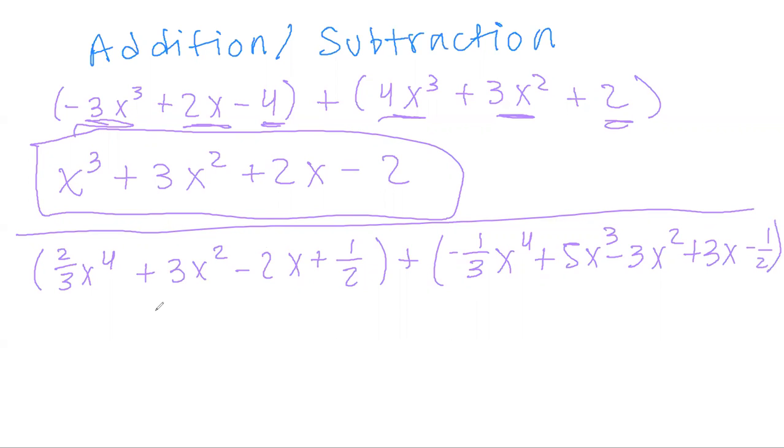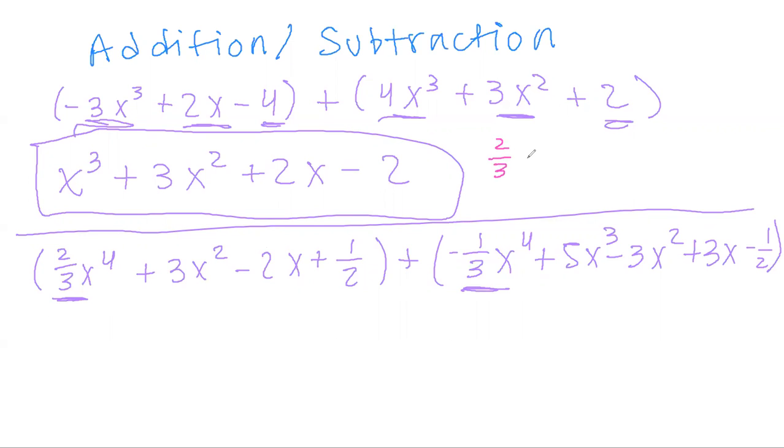Okay. So again, starting with my highest power, I have 2/3 x to the fourth plus negative 1/3 x to the fourth. So we think about it as 2/3 minus 1/3. So perhaps I can go off to the side and just write that.